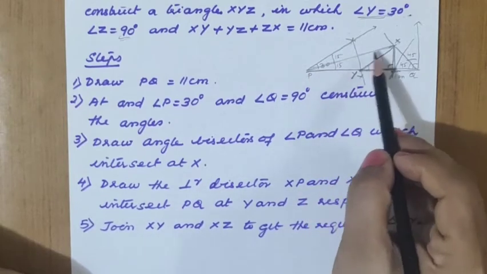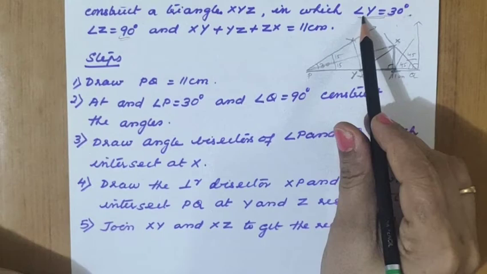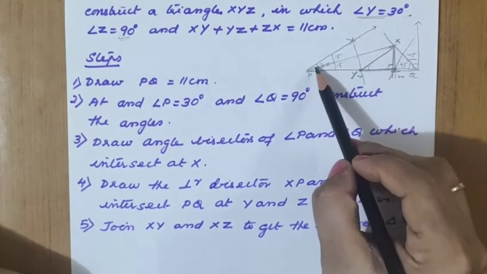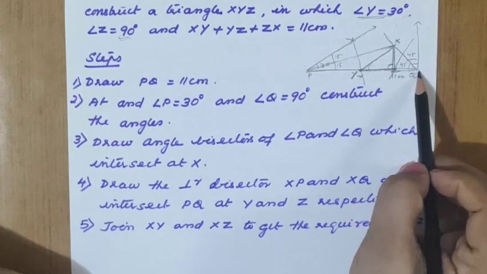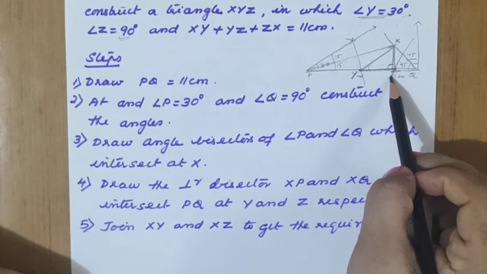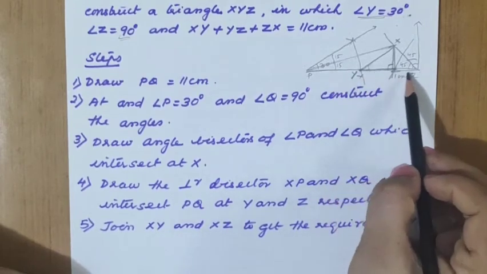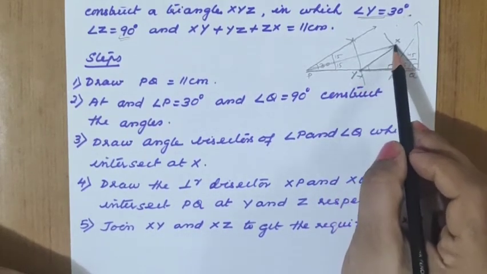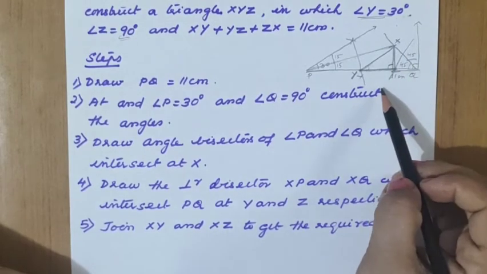These two angle bisectors will meet at one point, that is called the other letter, X. Now with PX we have to draw the perpendicular bisector. Similarly for QX one more perpendicular bisector we have to draw. Respectively they will cut the line PQ at Y and Z. Again join XY and XZ to get the required triangle.